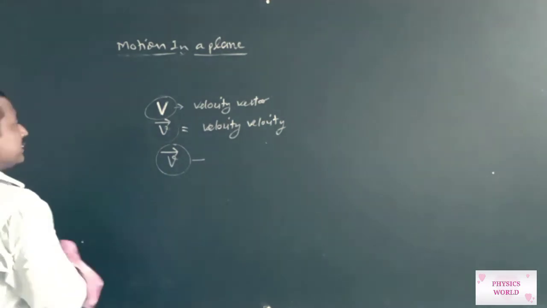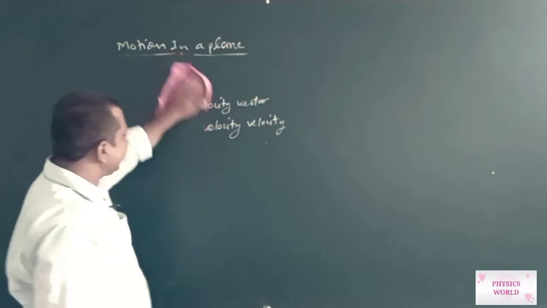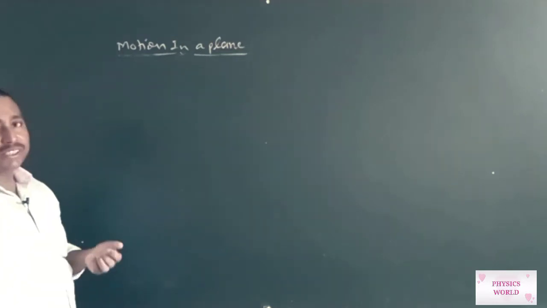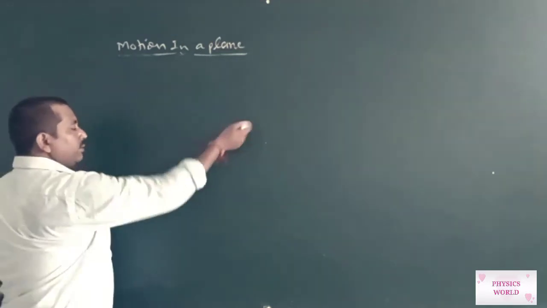So how the triangle law, and equivalently the parallelogram law of addition, applies on two vector quantities, let us see with the help of an example.